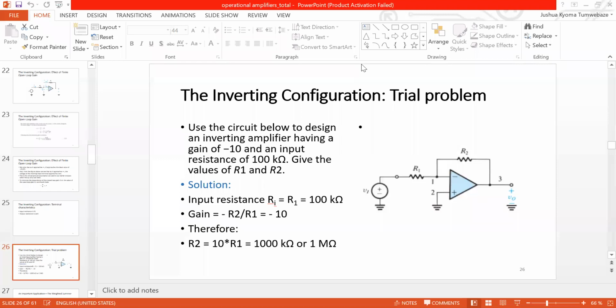I can take him through. One of the characteristics we saw in the previous lecture about the ideal op-amp was that it has ideally 0 output impedance.